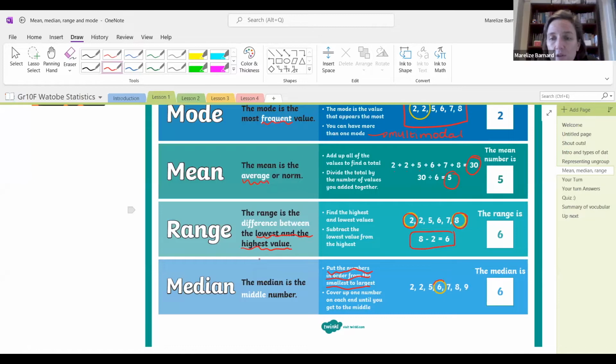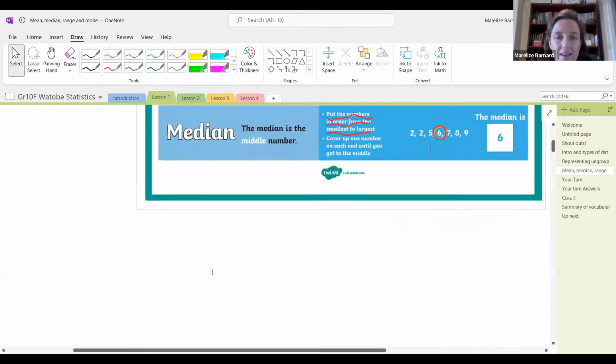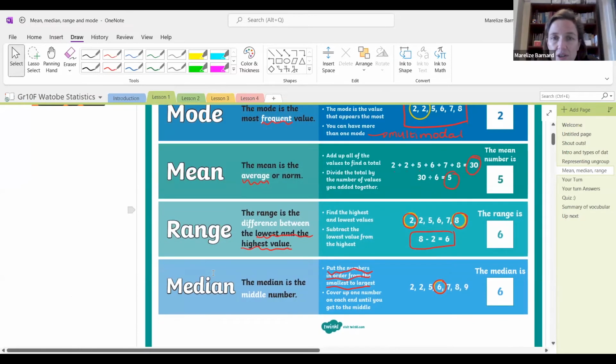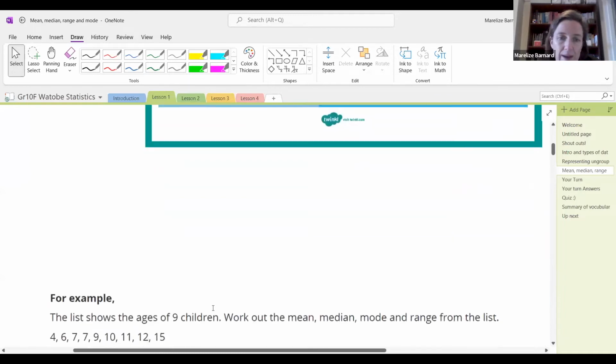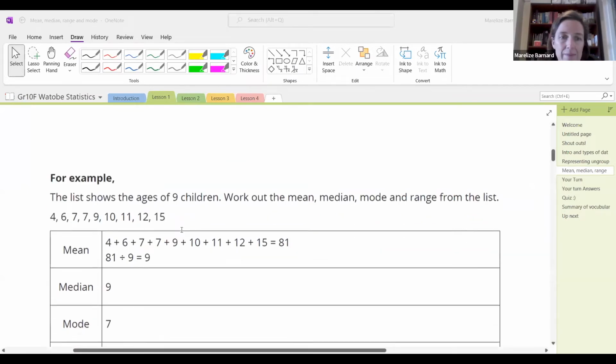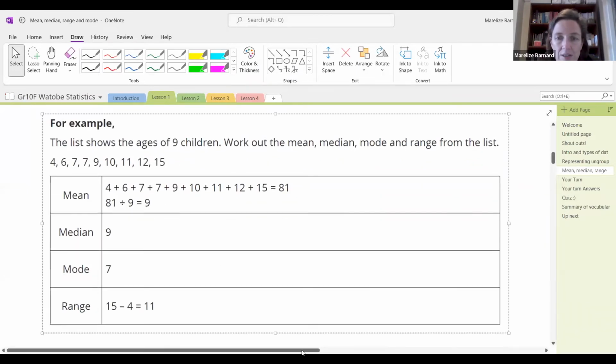And then we look for the number in the middle, and that is the median. So in this case, it's 6. Okay, let's go on. You're welcome to take a screenshot of this, but we are going to get back to that quite a bit in today's lesson. Today's lesson really is all about the mean, mode, median, and range.